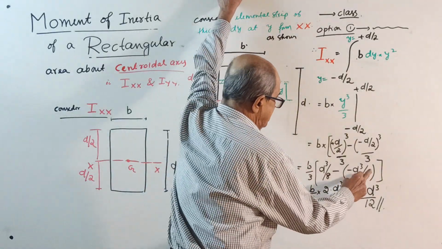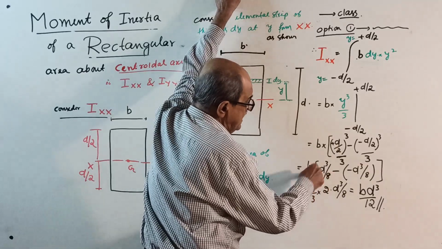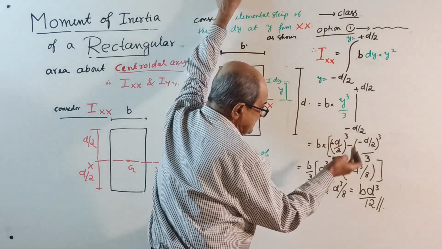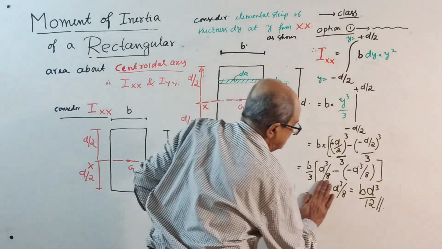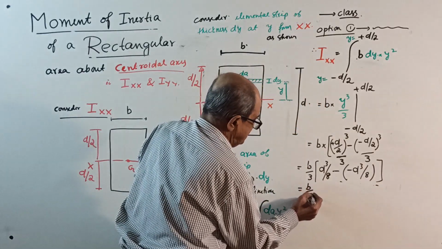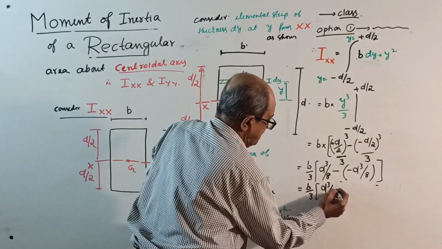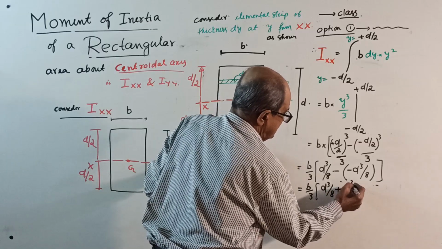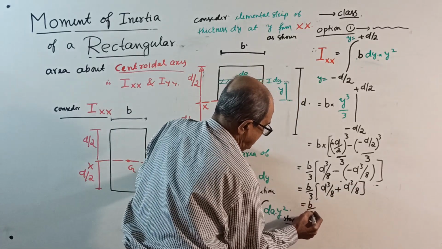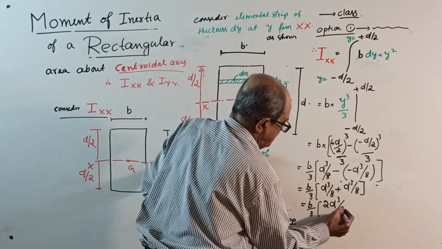So it is b by 3 into d cube by 8 minus of minus d cube by 8, which is d cube by 8 plus d cube by 8, equal to b by 3 of 2d cube by 8.